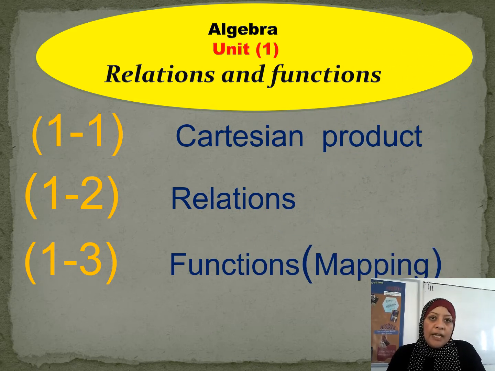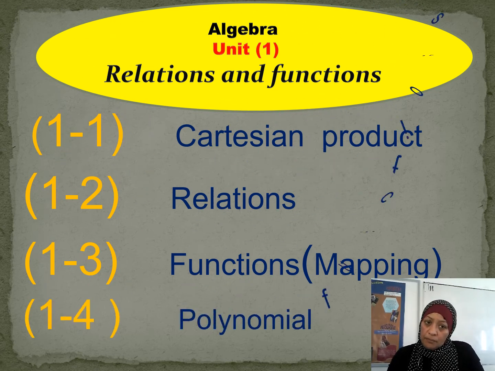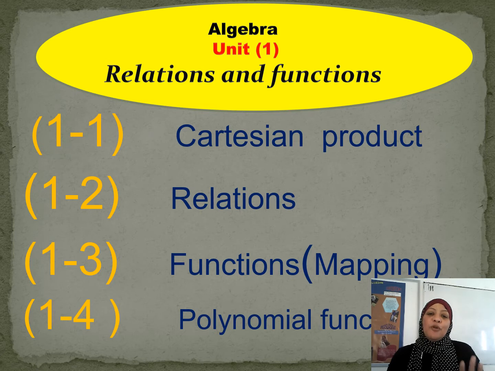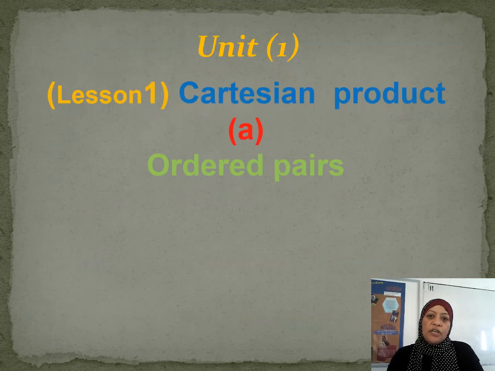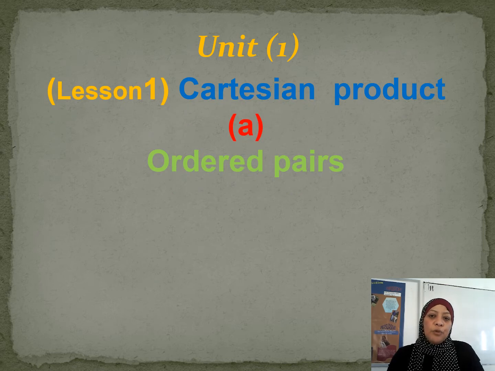The first term is so easy for third prep in math. Let's start in the fourth lesson, I forgot, polynomial function. Now let's start together unit 1, Cartesian product.